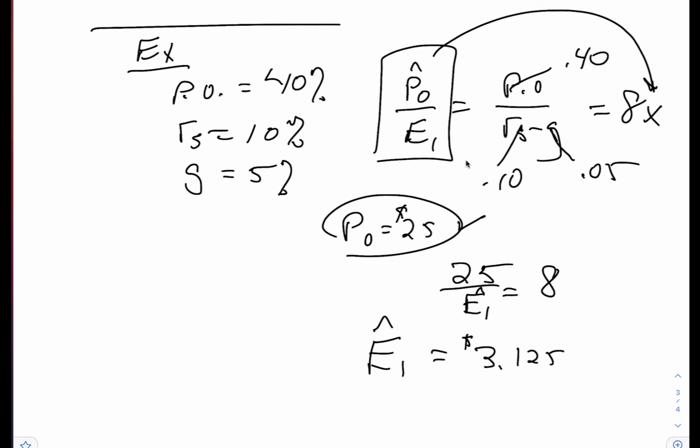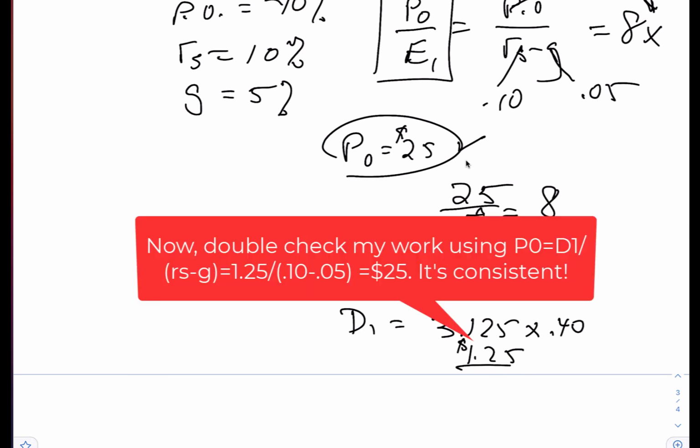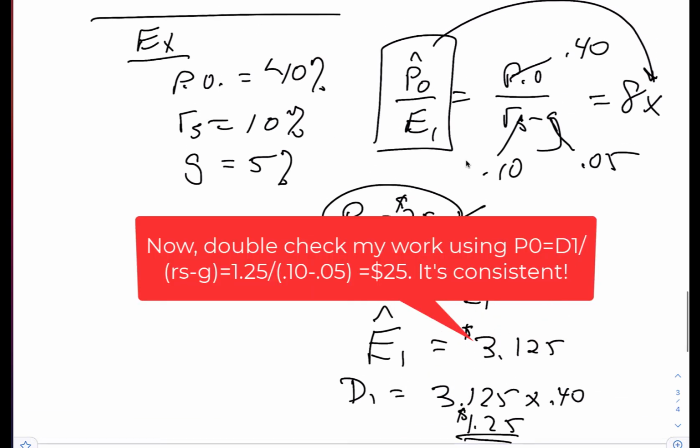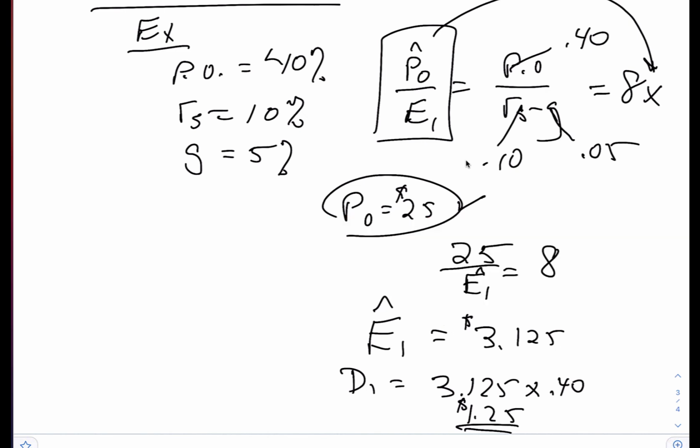So you can put a little hat on there if you'd like. And from that, we can estimate what D1 will be, because D1 is going to be 3.13 times the payout ratio of 40%, and that's going to be $1.25. So there's a good example here of how to use the dividend discount model, incorporating growth and risk.